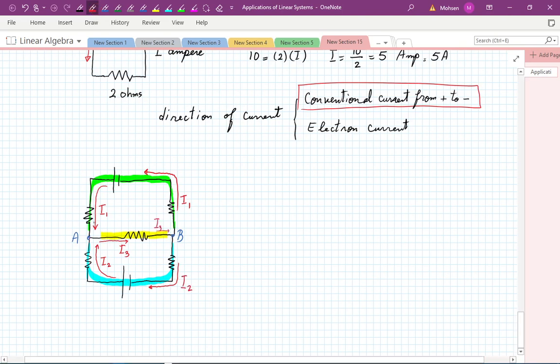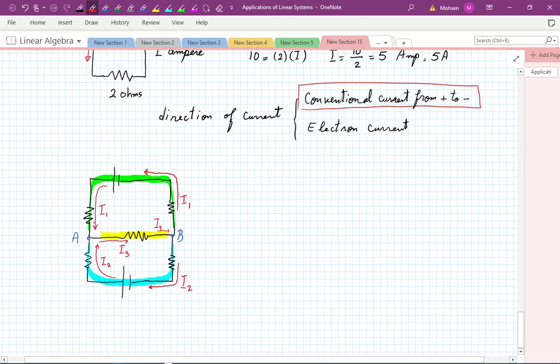Okay, that's one observation. The other observation is the node law, exactly the same as before, that whatever is coming in has to be equal to whatever is going out. So if you want to go ahead and branch at node A, who's coming in: I1 and I2 are coming in, and outgoing is I3.